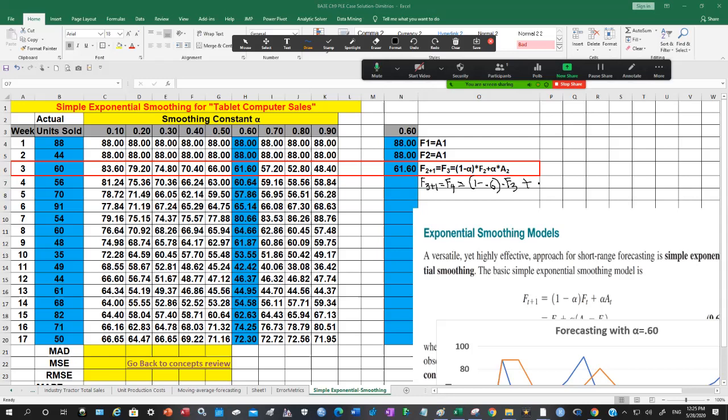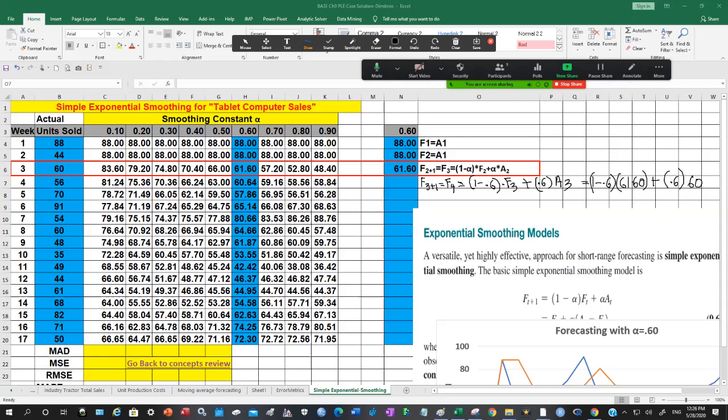Plus alpha times A of 3, right? So what is that? This would be 1 minus 0.6. F of 3 is 61.60 plus alpha times A of 3. A of 3 is 60, right here. And that should give us 60.64, right?